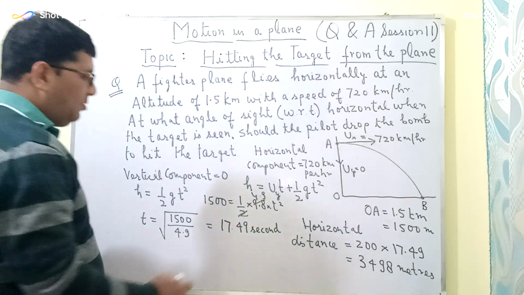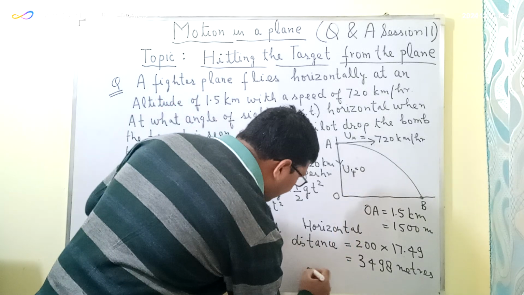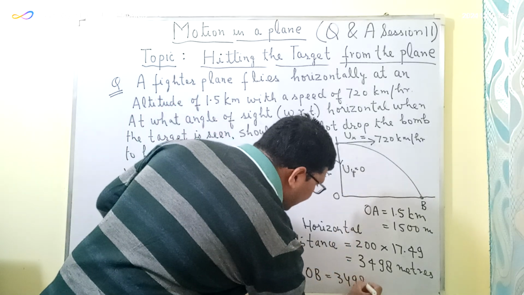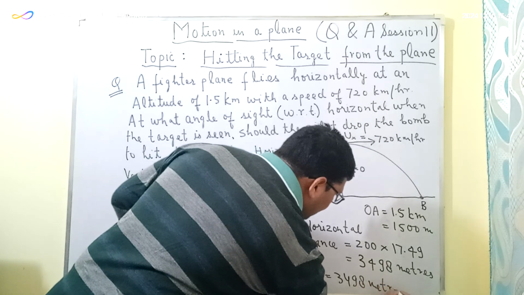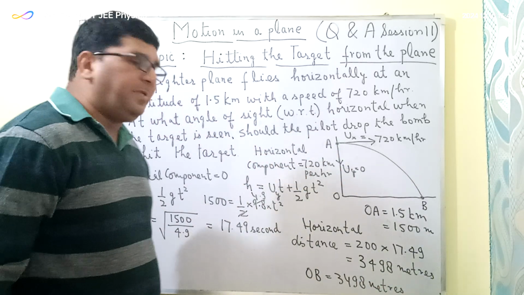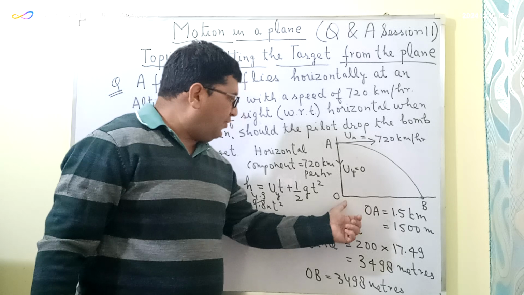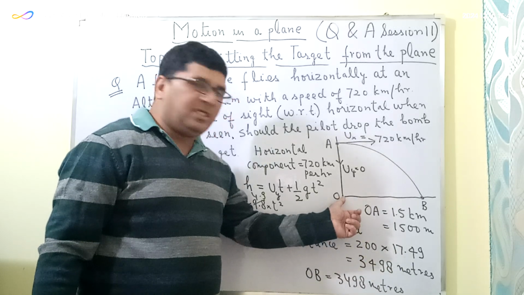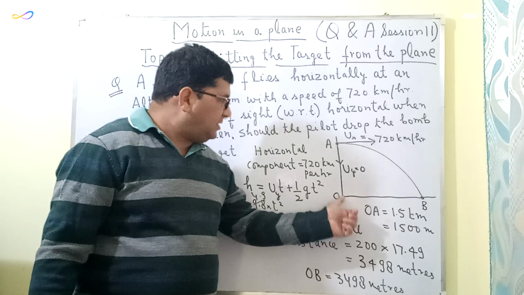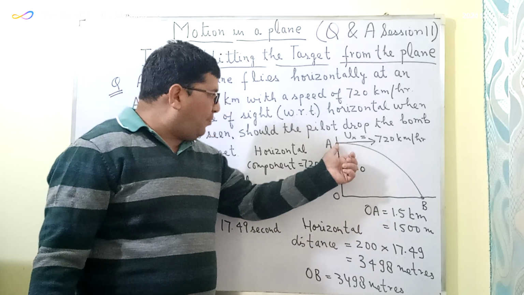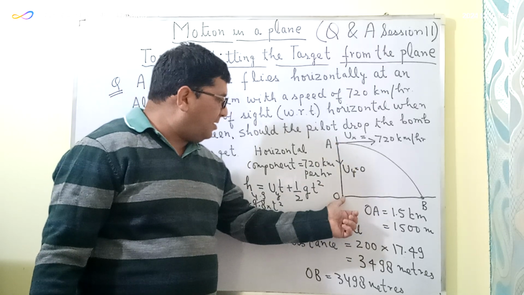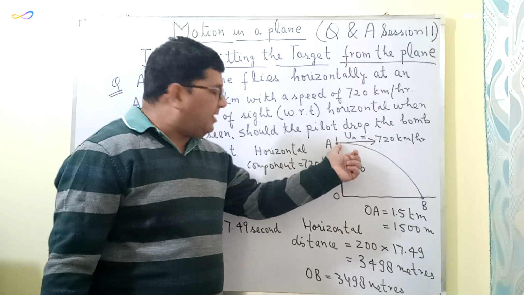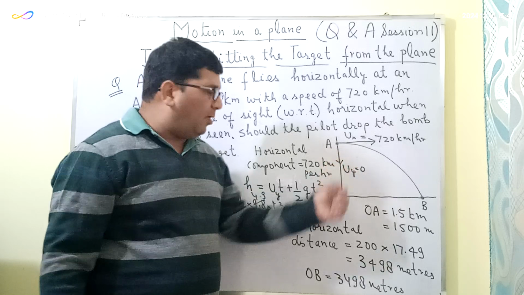From this figure we can say that OB will be equal to 3498 meters. So the target should be at a distance of 3498 meters from the point O, that is, the point vertically below the point at which we have dropped the bomb.